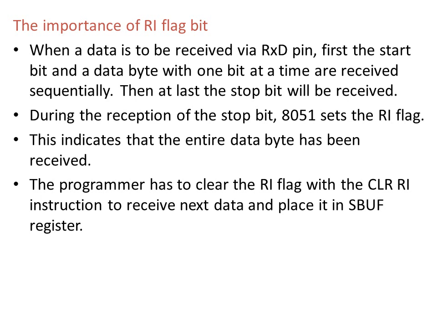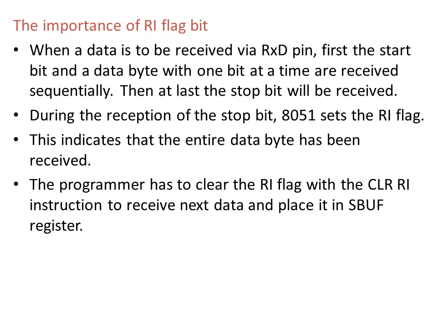When data is to be received via the RxD pin, that is the receiving pin, first the start bit and a data byte, one bit at a time, are received sequentially via the RxD pin. When the last bit of the data byte is received, a byte is formed and the SBUF, that is the serial buffer register, is loaded with this byte.